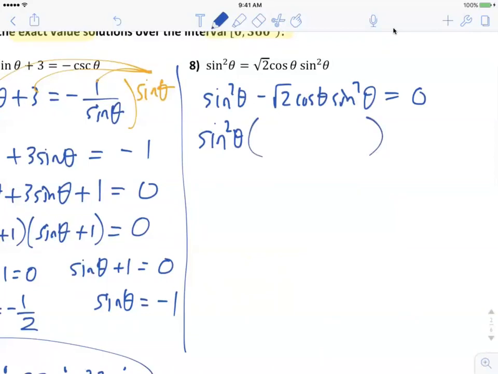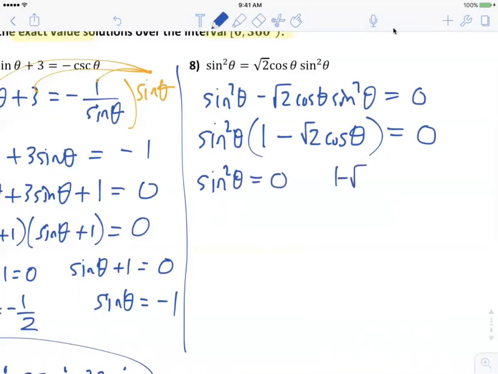And if you take out the sine squared, you have a 1 minus √2 cosine theta. Okay. Now you can set each part equal to 0. So you have sine squared equal to 0, or you have 1 minus √2 cosine theta equal to 0. So set each piece equal to 0, and then solve for the variable.